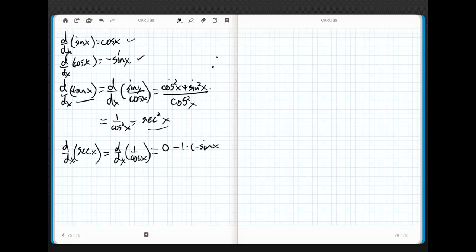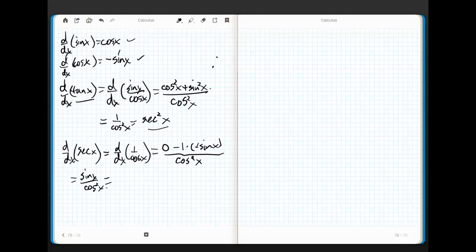Remember up here, those are going to have to be memorized, you guys. Unfortunately, you know me, I don't ask you to memorize much, but the stuff I ask you to memorize, you definitely have to. Okay? All right, all over low squared, which is cosine squared x. Those negatives cancel, and I end up with sine x over cos squared x.